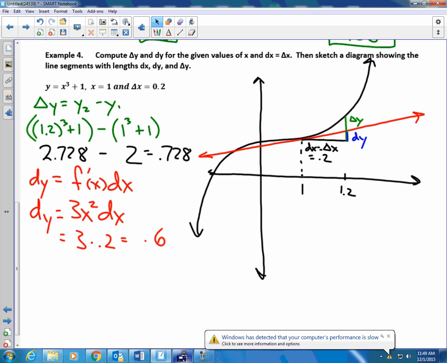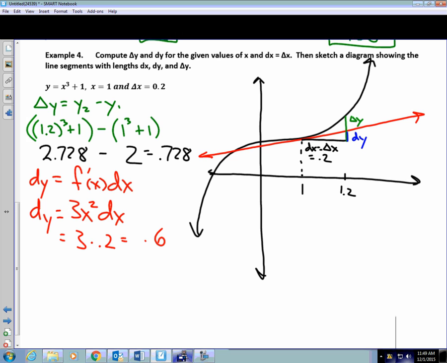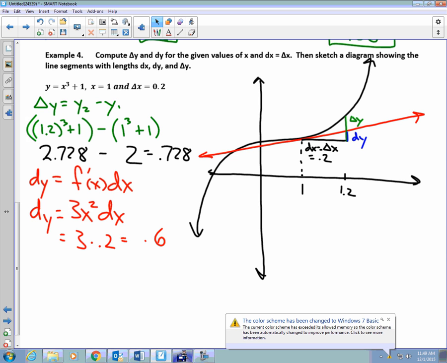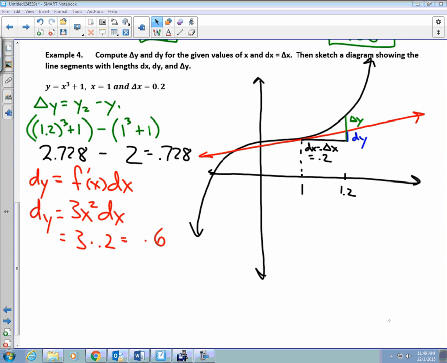So that's my second y value. To get y sub 1, I plug in 1. 1 to the third is 1 plus 1 is 2. The height of the function at 1 is 2. The height of the function at 1.2 is 2.728.